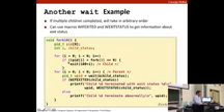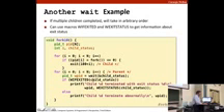In the parent, we do this n times, and then afterward, the parent inside a similar loop, 0 to n, waits for a child to terminate. So it'll wait for n children to terminate. Wait returns the process ID, and then a status in this child status variable.